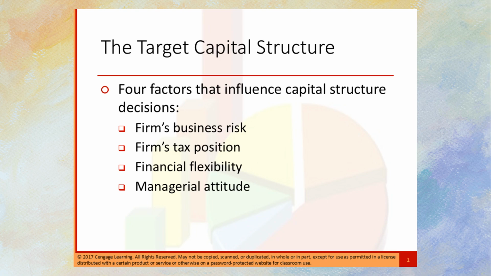Third, financial flexibility. This refers to a firm's ability to raise capital under adverse conditions. And finally, managerial attitude. Some executives are more conservative than others when it comes to taking on debt. Each of these can nudge a firm either toward or away from using leverage.